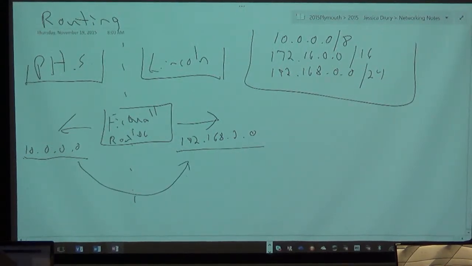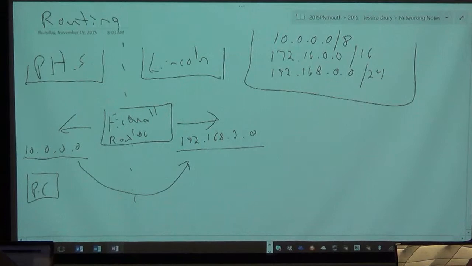Why? Because if this PC over here, now this is a very, very important concept. You have to understand this and you have to think through it. Sometimes it's necessary to just kind of picture it in your mind.